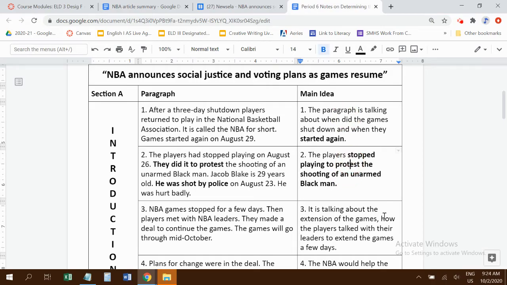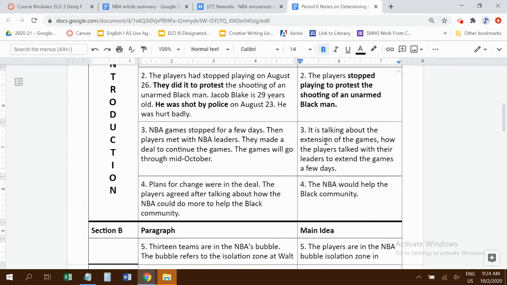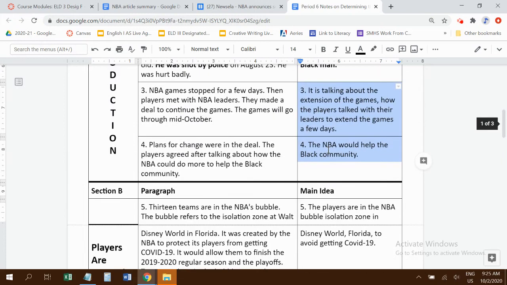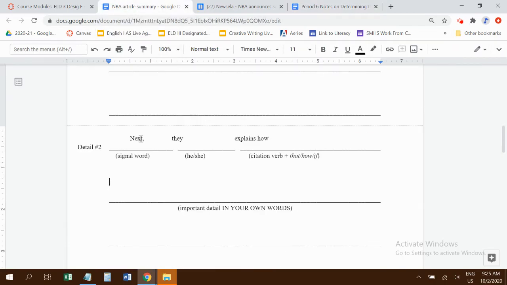Okay, let's check again for more important details. So I've already talked about these. The games were extended. This is how they extended them by talking to their leaders, and they would help the Black community. That looks like a good reason, a good place for me to start. So I'm going to use this. Next, they explain, oh my gosh, my English is so bad today, everyone.